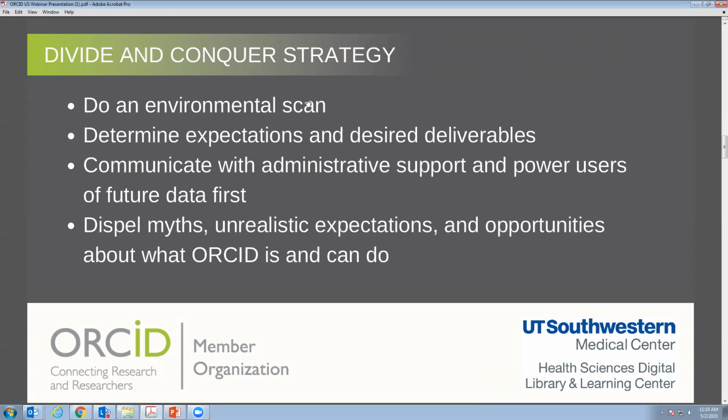And then we also needed to dispel myths and unrealistic expectations. There were some admins who said, once people register for ORCID, we're set 15 years down the line. No, they could register and do nothing with it. And then we're at zero, like we've been all along, just with a number and nothing else. So we had to dispel the myth that just getting an ORCID means you've fixed everything.